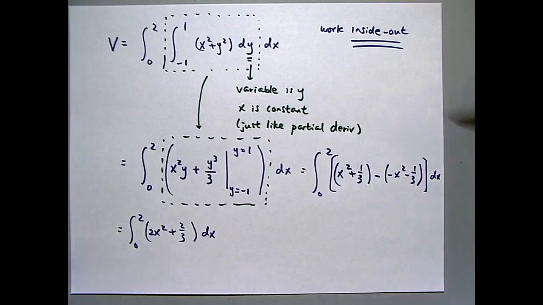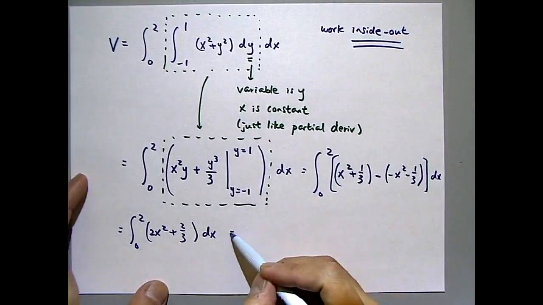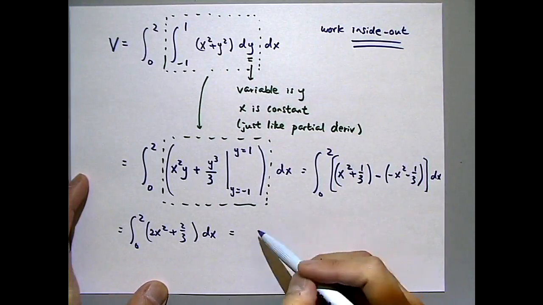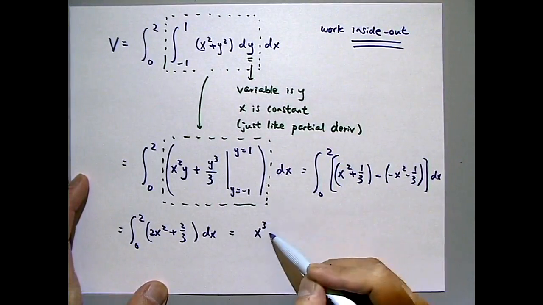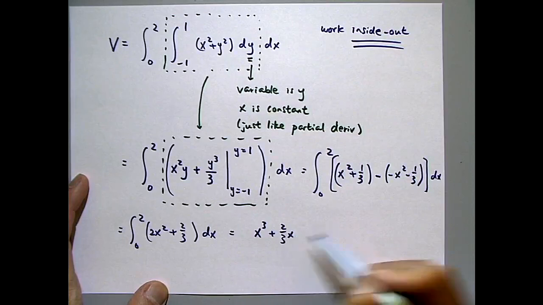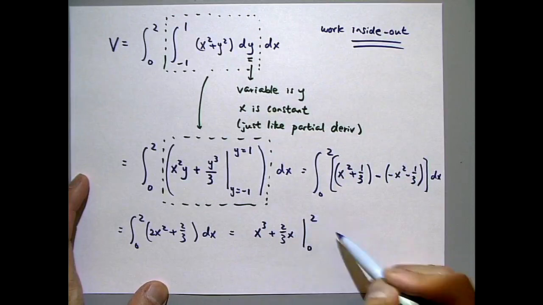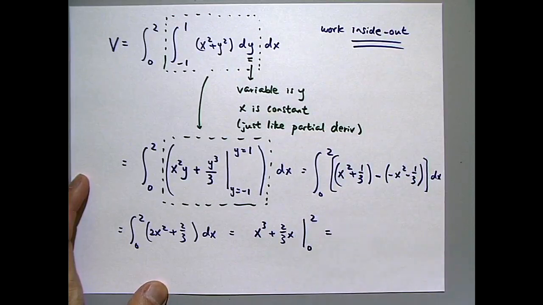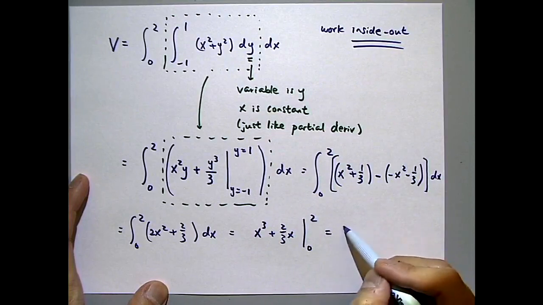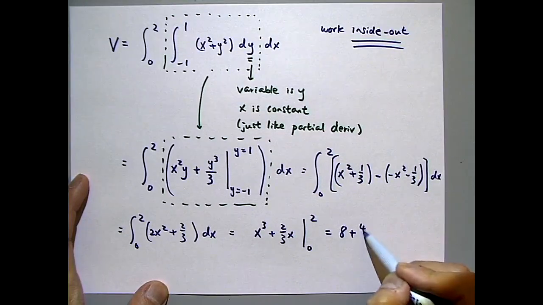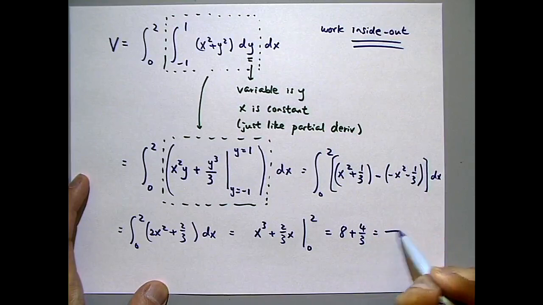Now we're going to the outside. And now this is just a very, very standard, typical integration we have done a gazillion times. We can all do this in our sleep, I hope, and watch me screw it up. No, I'm not going to screw this up. 8 plus 4 over 3.